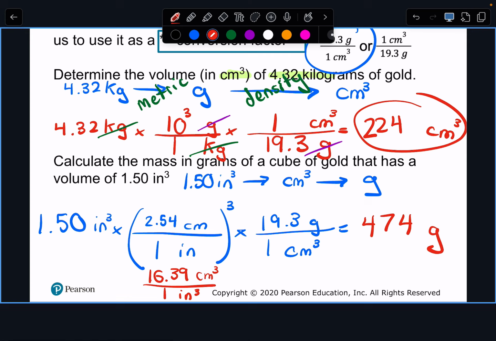I just wrote 2.54 cubed, and you can do that too, but I was writing it out so you knew you could do it this way. So 2.54 cubed is 16.39 centimeters cubed, 1 cubed is 1, inches cubed. So that's me taking the conversion and cubing the conversion so that now the inches cubed will cancel out and the centimeters cubed we can cancel out later on. Does that make sense? It is a little bit weird.